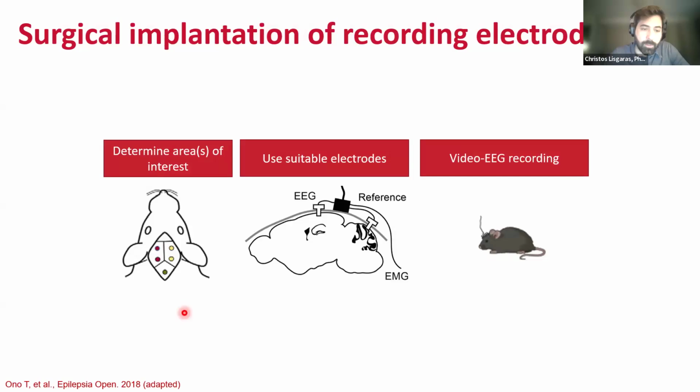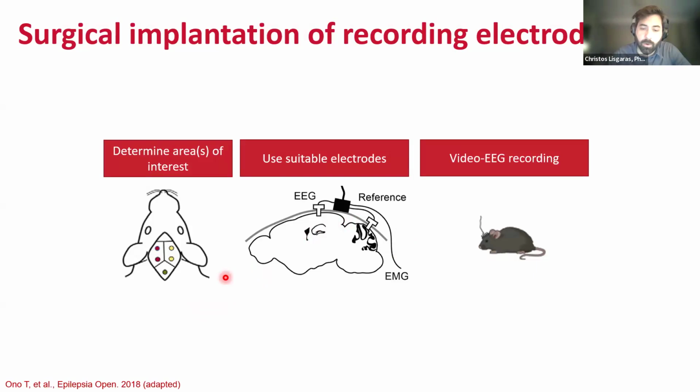Here, I'm going to briefly describe what we need to consider when we would like to do a video EEG recording in animals. So one of the first things to consider is to actually determine the areas of interest. Are we interested in recording from the brain surface? Are we interested to go to deeper structures like the hippocampus?